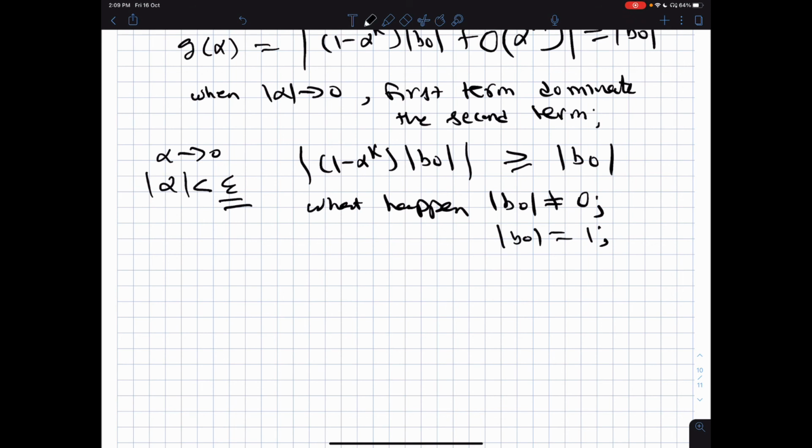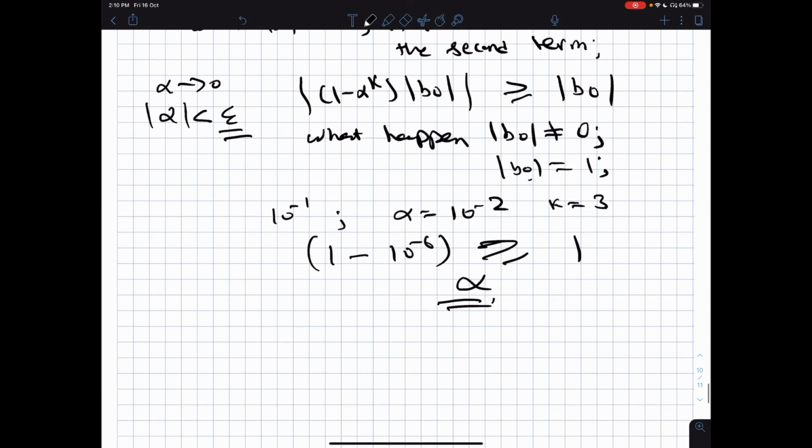And say epsilon is 10 to the power minus 1, so let's say you took alpha to be 10 to the power minus 2, and let's say k is also 3. Then you will get 1 minus 10 to the power minus 6 to be greater than or equal to 1, because b naught is taken to be 1.